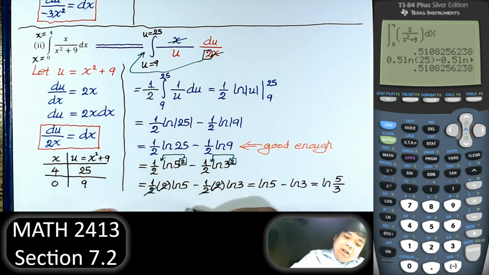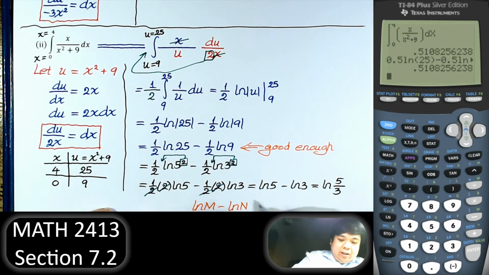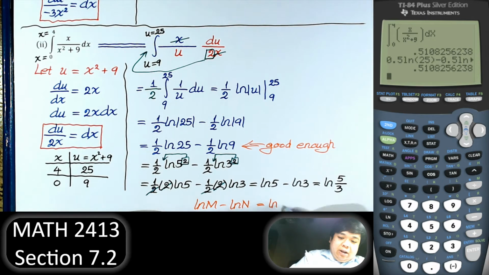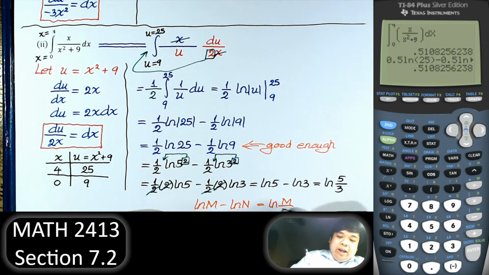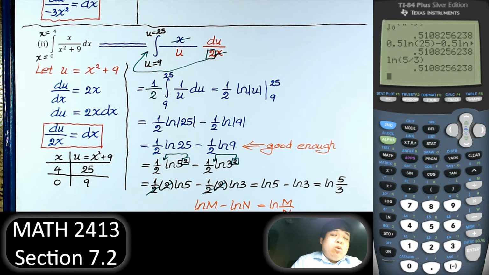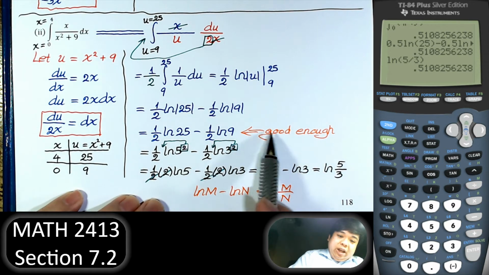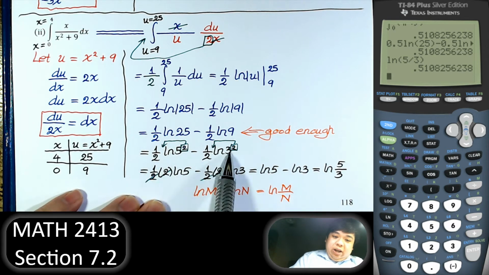So the property here is ln of m minus ln of n is ln of m over n. Now if we type the natural log of 5 over 3, of course we also have the same thing. So yeah, we can stop here or at any of those steps.